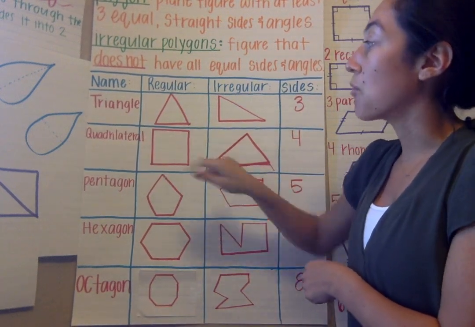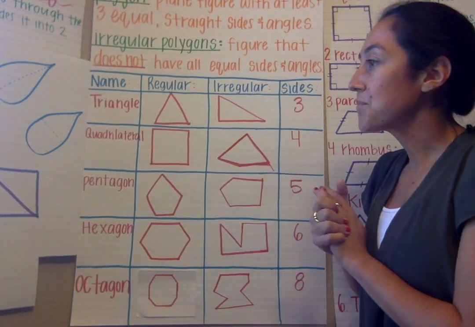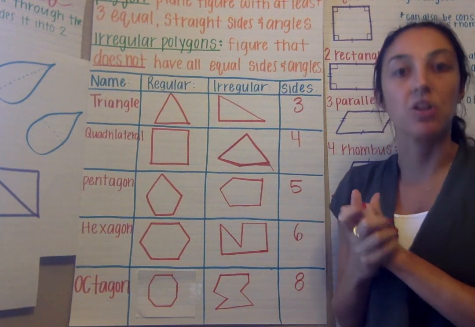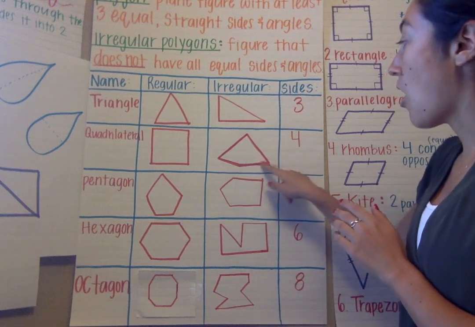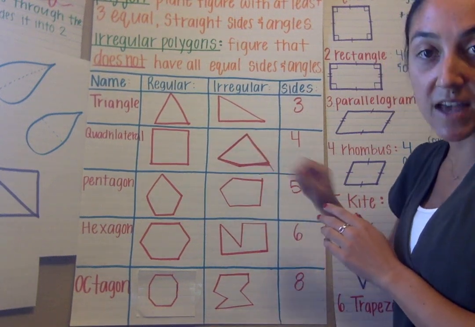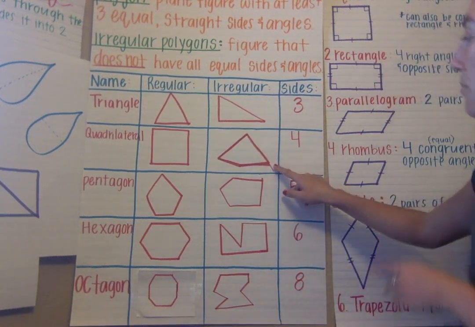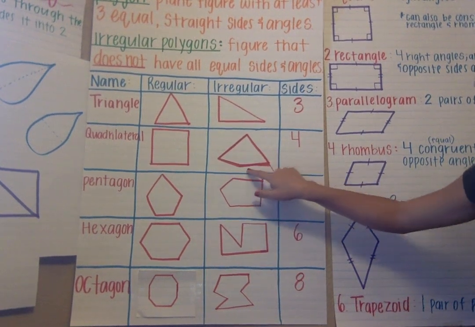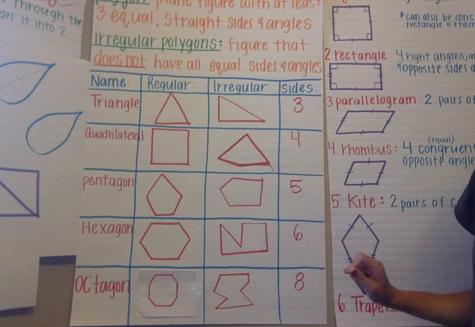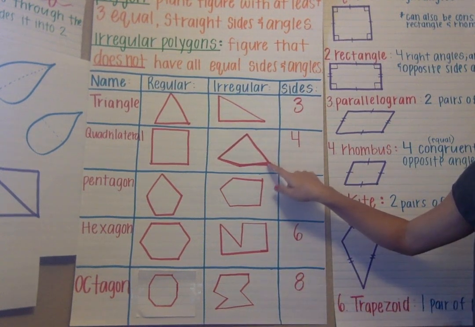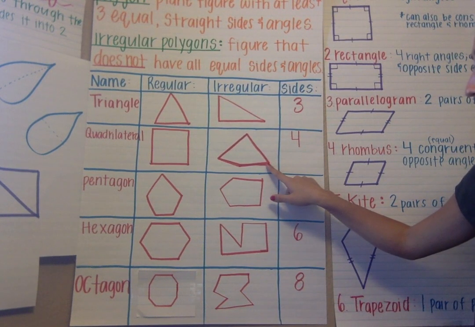This is considered a regular quadrilateral. The other quadrilaterals we're going to look at are all going to be irregular because they do not all have equal sides. So if you look at this shape right here, these 2 bottom lines are much shorter than these 2 lines up top. So this one is considered an irregular quadrilateral.